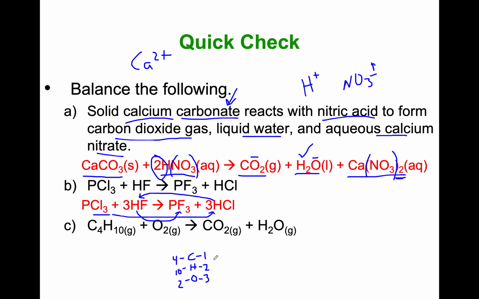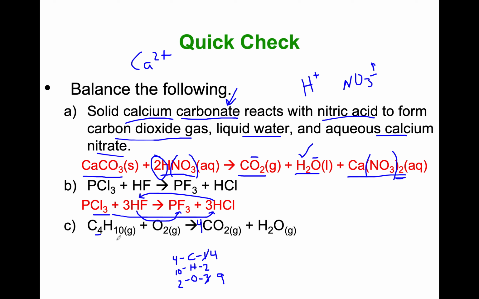Okay, so you can start in a variety of places. I'll just go ahead and start with the carbon. So if I put a 4 here, then now that changes carbon to 4. If you take a look, that puts oxygen at 8, 4 times 2 oxygens, plus 1, so now that takes me to 9 oxygens.